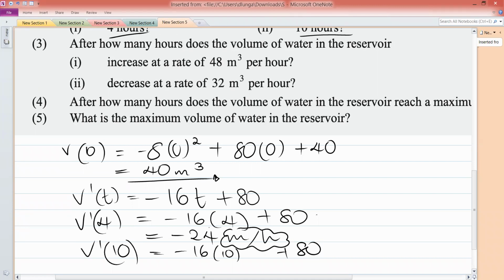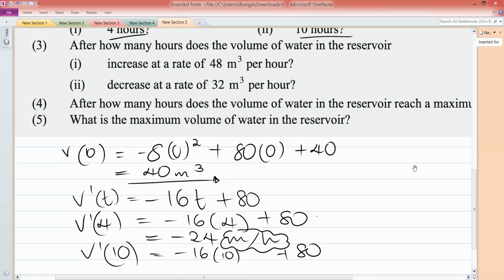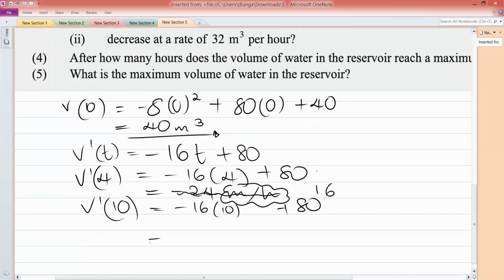So sorry, let me just correct that. -16 times 4 plus 80. Okay, so it's plus 80. This is 16. Okay, then for the next one, it would be -80. Okay. So any questions so far?